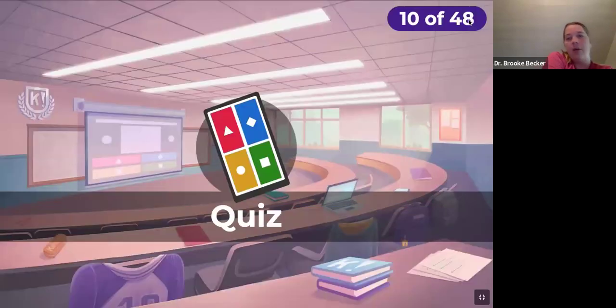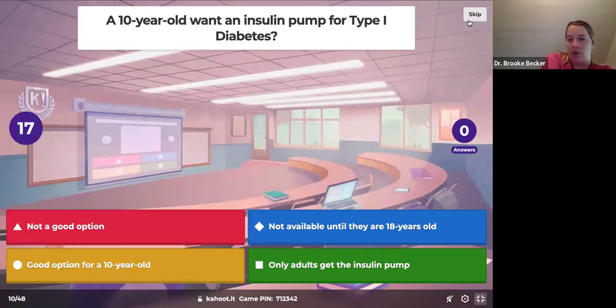A 10-year-old wants an insulin pump for type 1 diabetes. Red, not a good option. Blue, not available until they are 18. Yellow, a good option for a 10-year-old. Green, only the adults get insulin pumps.